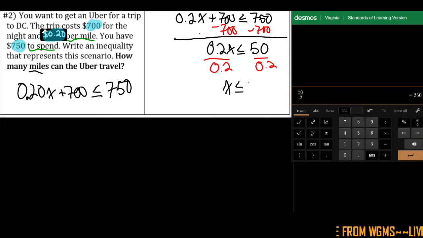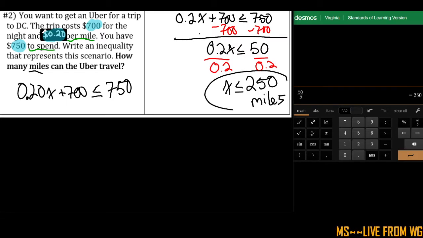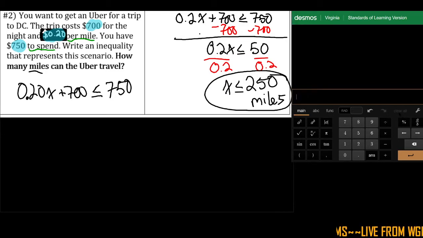So x is going to be less than or equal to 250. So I can go up to 250 miles. Make sure you put that label on it. I can go up to, or at most, 250 miles.